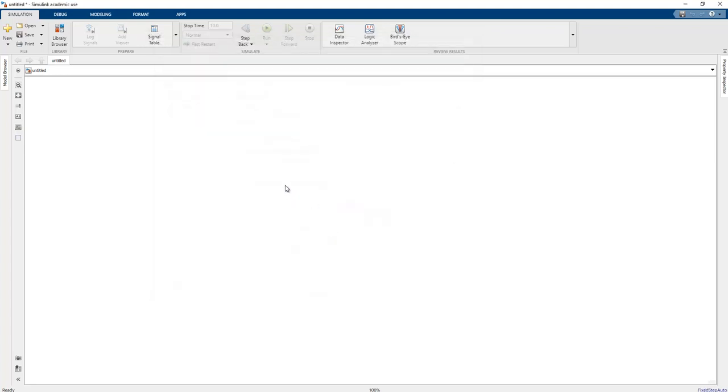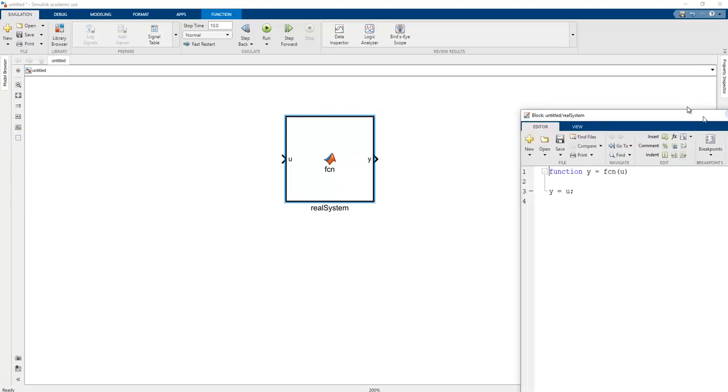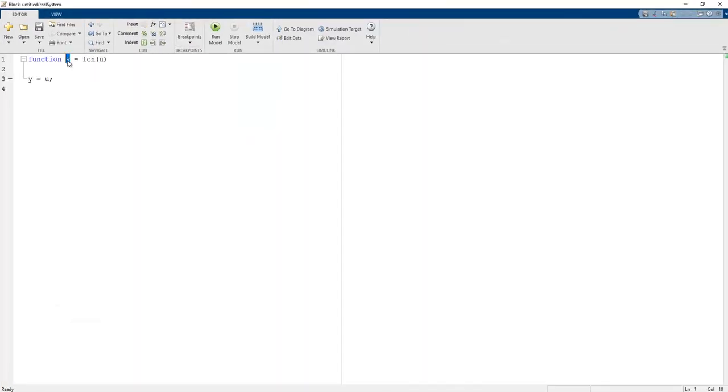In order to add any function body here, we need to give some MATLAB function body, and this should be created for a real system. If I open this console, x dot should be given at the output of this function.